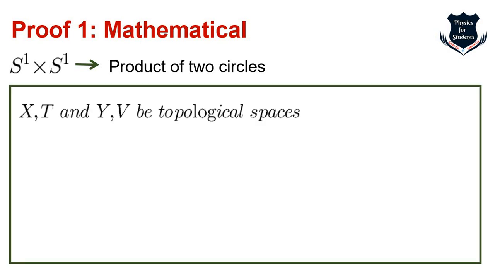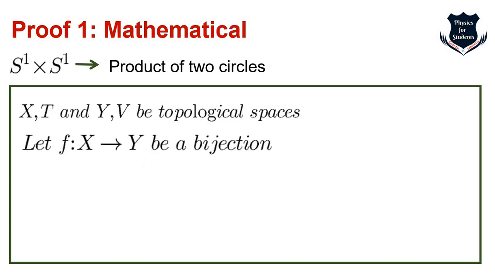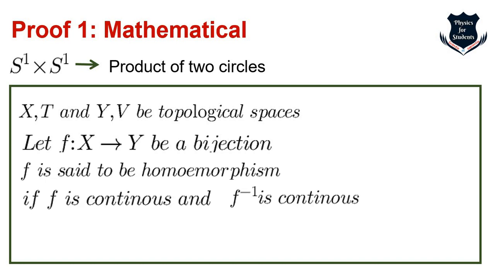Okay, and after writing these as the product of two circles, what I can do is take a step back. I have taken two examples, right? X, T and Y, V, just at random, are two topological spaces. If this is a function which maps, and it is a bijective function, then F is said to be a homeomorphism, or rather homeomorphic.